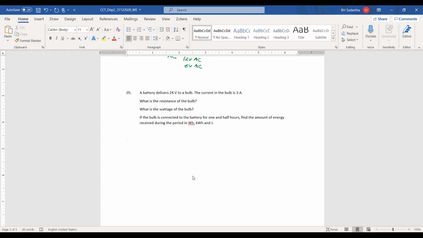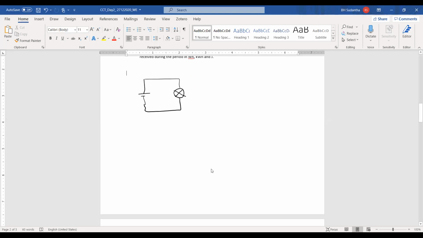Simple one. Then we have a battery. It's a bulb. Then battery voltage is 24 volts, and the current going through this one is 3 ampere.